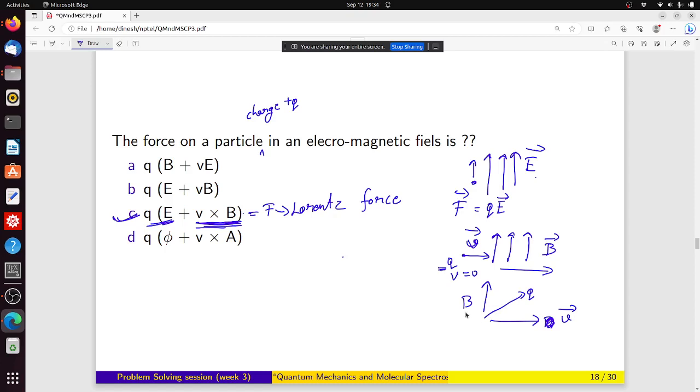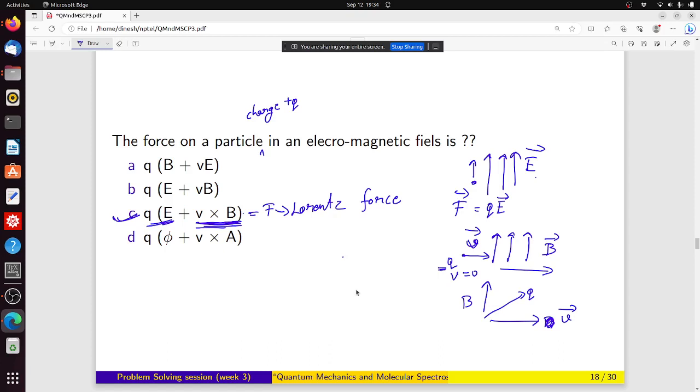No, sir. It is actually vector multiplication, the cross product. What will be the motion then? Right hand thumb rule.